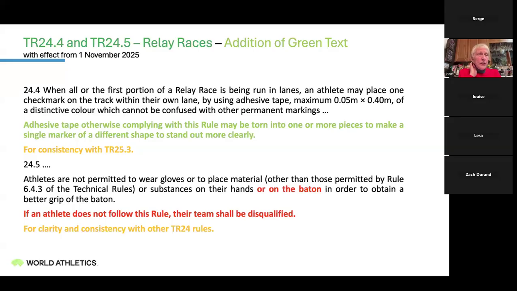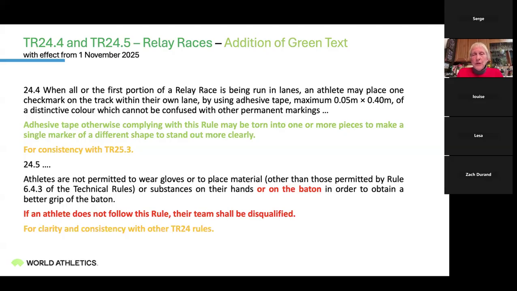Now we're talking relay races, and there's some additional green text for rules 24.4 and 24.5. Let's look at 24.4 first. We're talking about the one piece of adhesive tape that the athletes are allowed as a check mark if they're running in lanes, like for a 4x1.